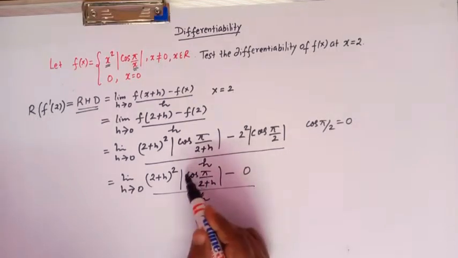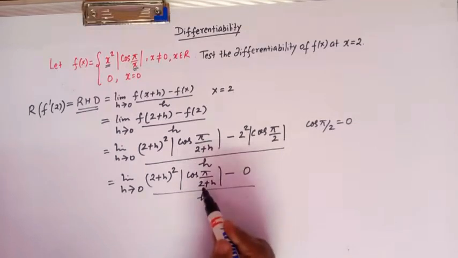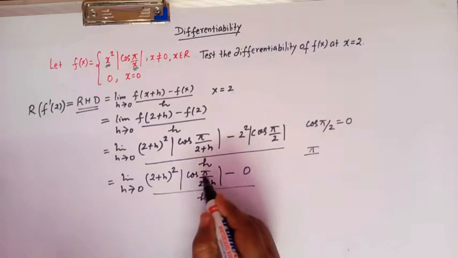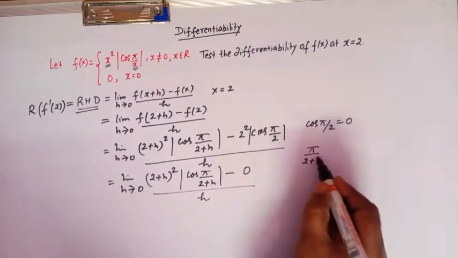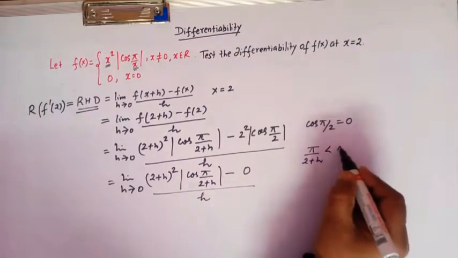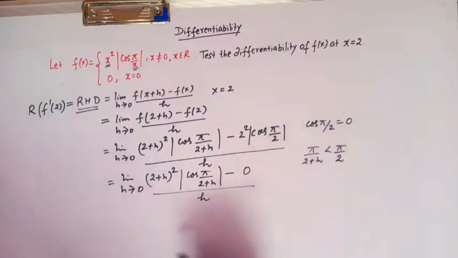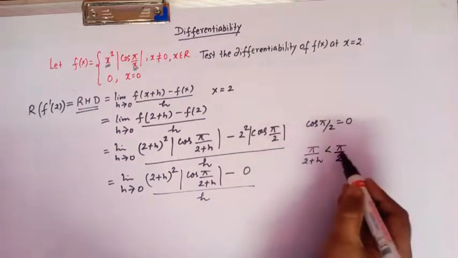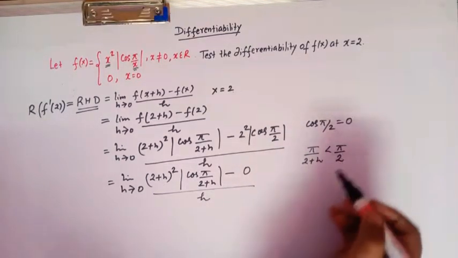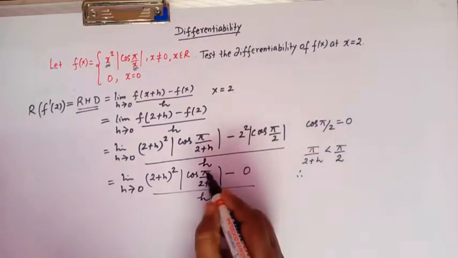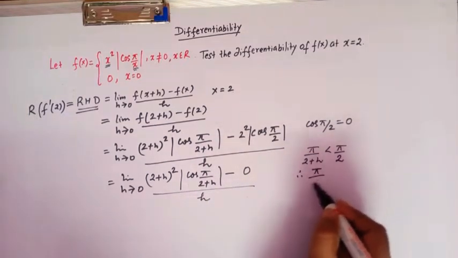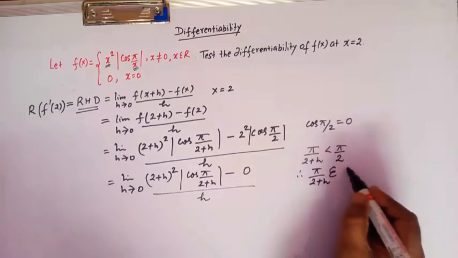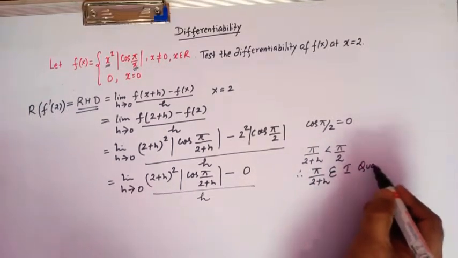right? See here, we have the mod function, and see this fraction, that is pi over 2 plus h, is less than pi over 2, right? So this angle pi over 2 plus h is less than pi over 2, so therefore this angle, that is pi over 2 plus h, it lies, or it belongs to the first quadrant, right?